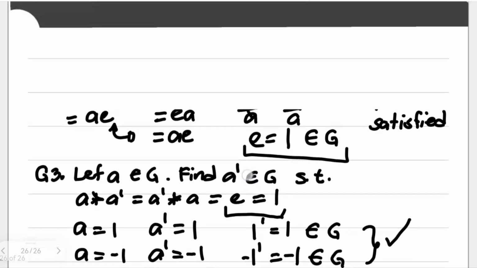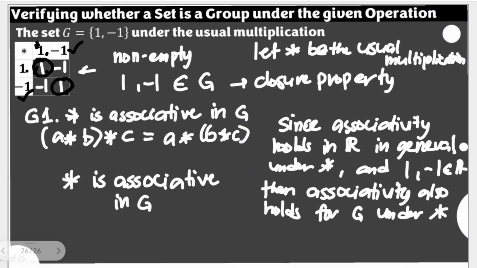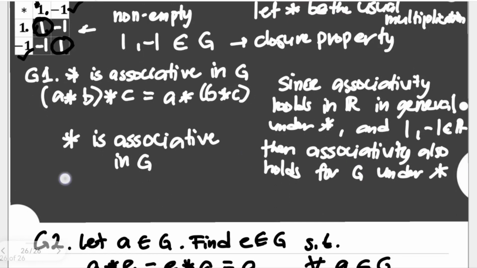So with G3 satisfied, G2 satisfied, and G1 associativity all satisfied, we can now say that our set G, the set containing 1 and negative 1, is a group under star, which we defined earlier as the usual multiplication.